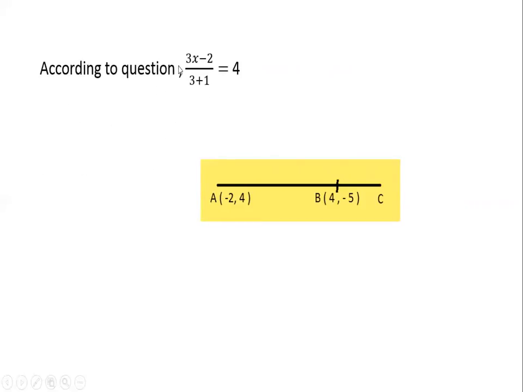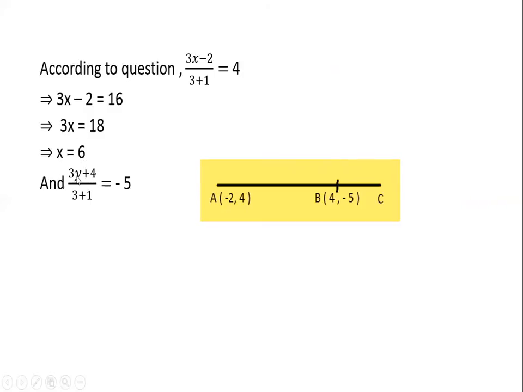According to the question, (3x minus 2) by (3 plus 1) equals 4. 3x minus 2 equals 16. 3x equals 18. If we divide this equation by 3, then we get x equal to 6.